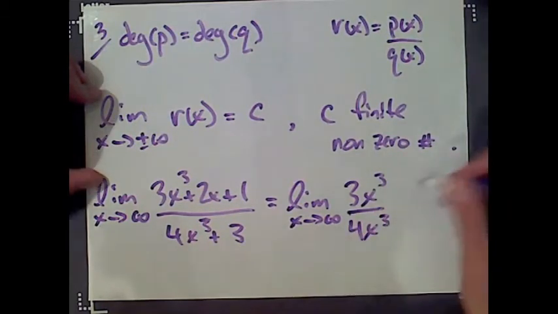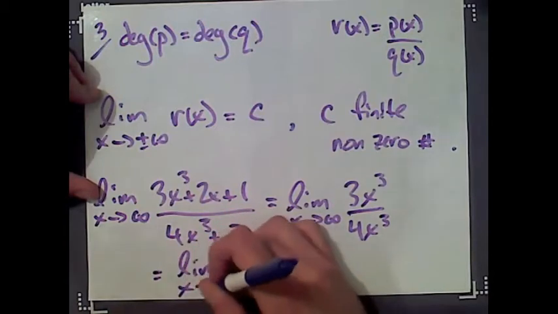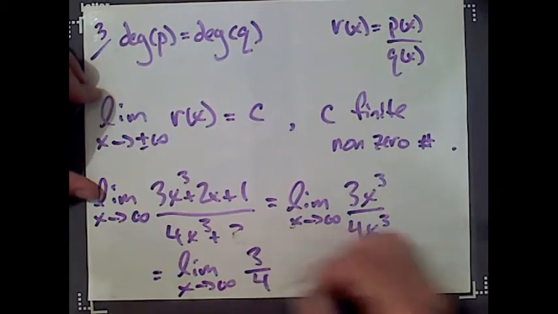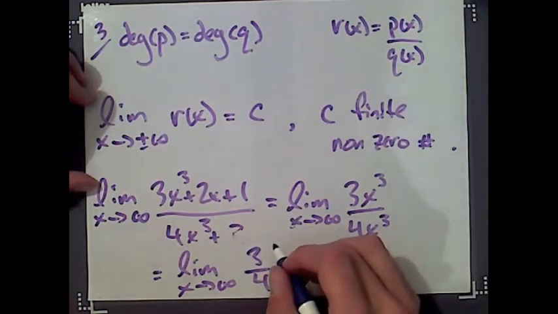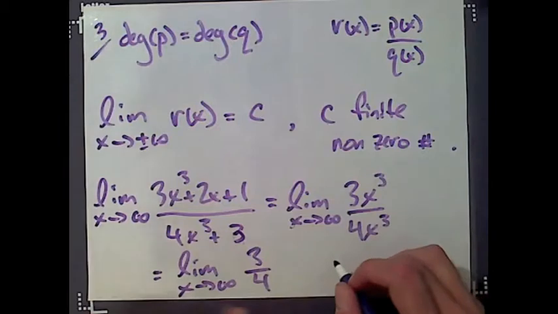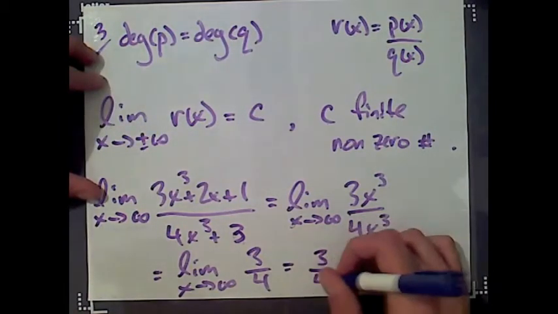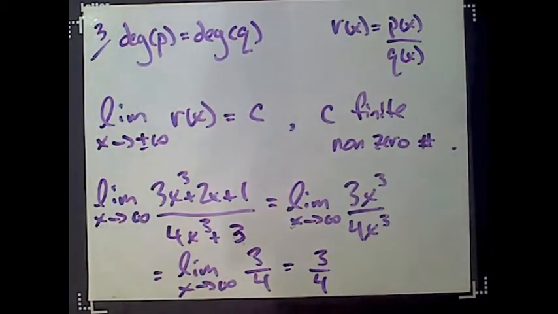The x cubed factors cancel, so we get the limit as x goes to infinity of 3 over 4. Since there's no occurrence of x, this limit is just 3 over 4. So we get a finite non-zero number, 3/4 in this case.